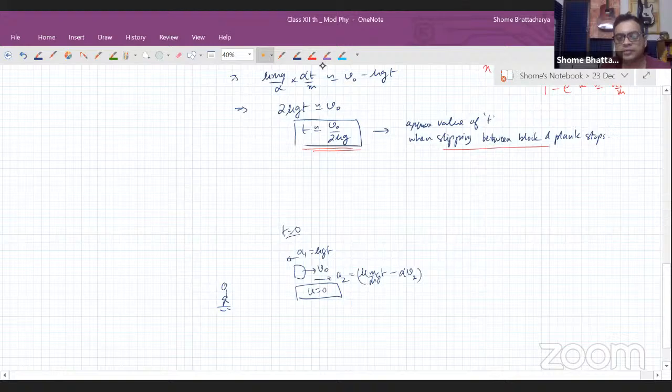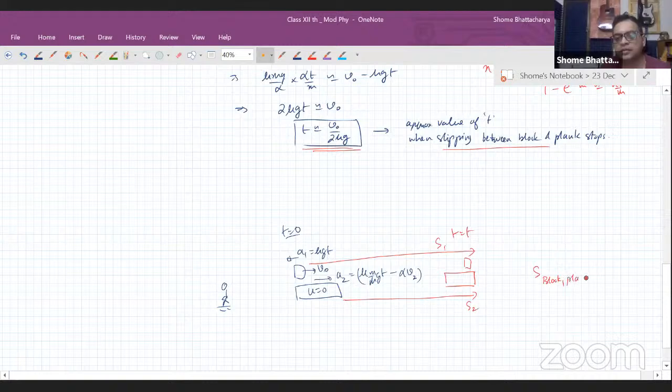After some time, let's say this is the situation now. This one has made a displacement S1, and this one has made a displacement S2. So S of the block with respect to the plank will just become S1 minus S2. That will be easier, I think.